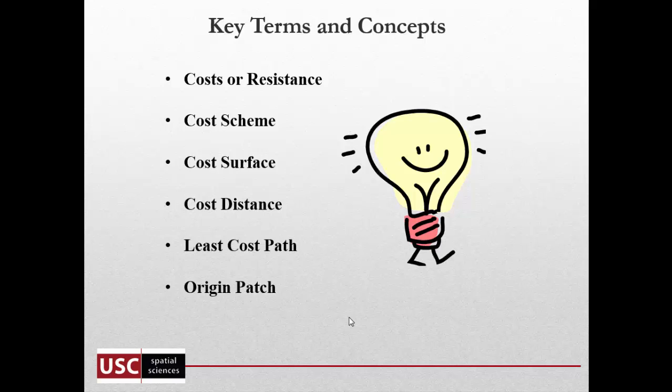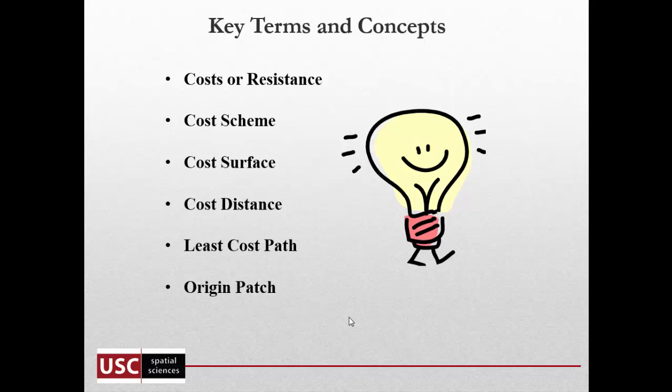Next, we have a cost surface, and that's simply once we've classified and defined all of our costs, we squish them together into a single layer that represents the total cost in each cell. The value in each cell will represent a relative cost to the cell next to it, and on and on.